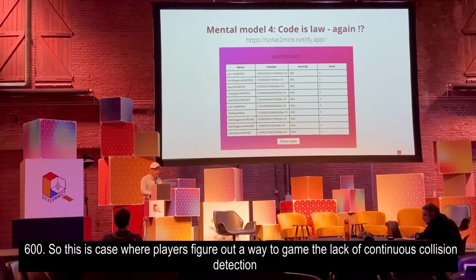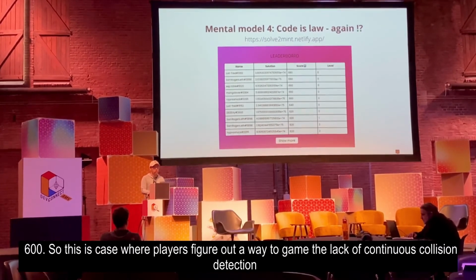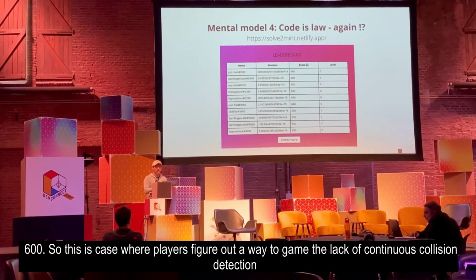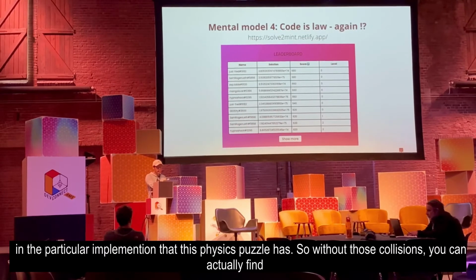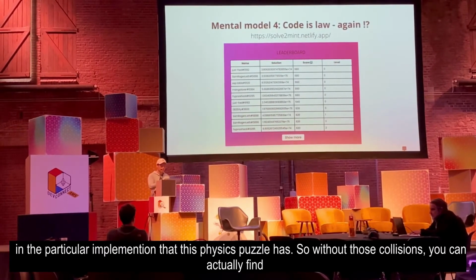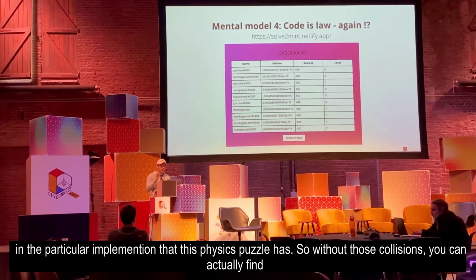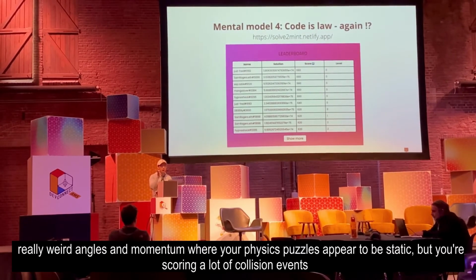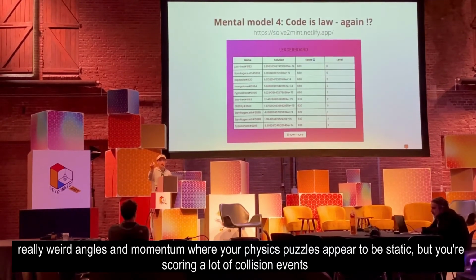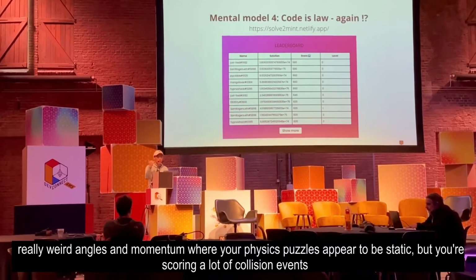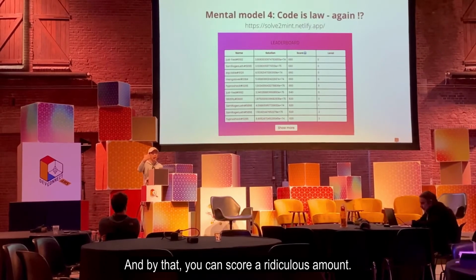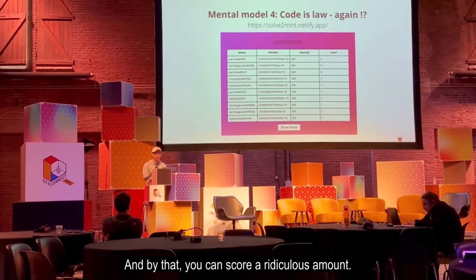This is a case where players figured out a way to exploit the lack of continuous collision detection in the particular implementation of this physics puzzle. Without those collisions, you can find really weird angles and momentum where your physics puzzle appears static, but you're scoring a lot of collision events frame by frame. By that, you can score a ridiculous amount.